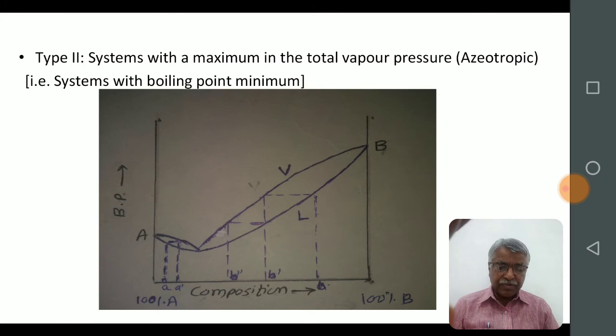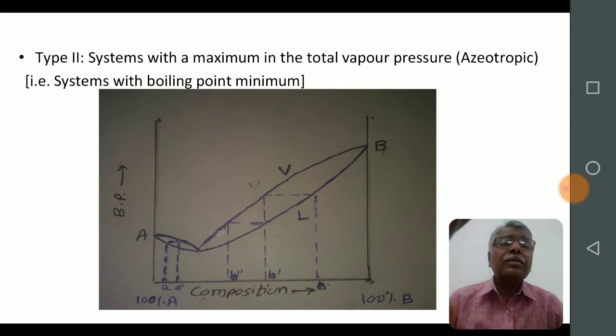Therefore, the liquid mixture represented at this point will boil at a constant temperature and will distill over completely without change of composition. Liquids of this type, which are not pure substances, are called constant boiling mixtures, azeotropic mixtures or azeotropes. The composition as well as the boiling point of such mixtures change with pressure, proving that they are not definite compounds.